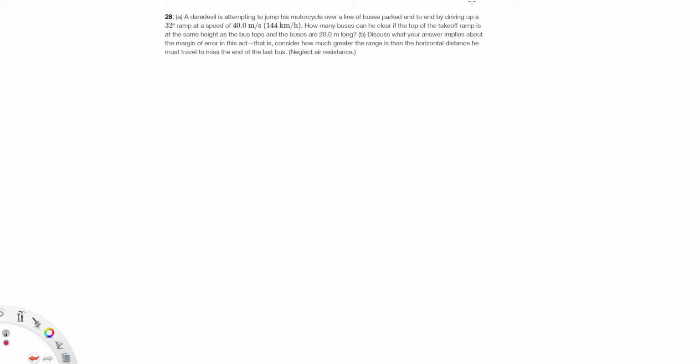All right. So we've got a ramp, like so. And then we've got some buses, possibly several of them.